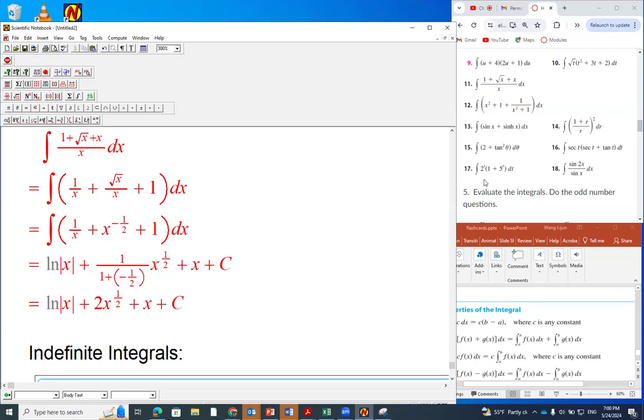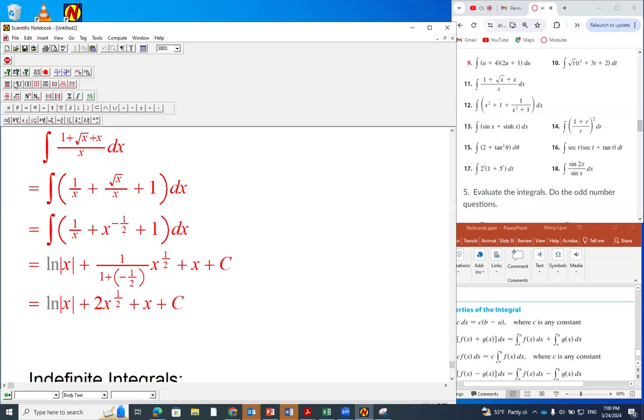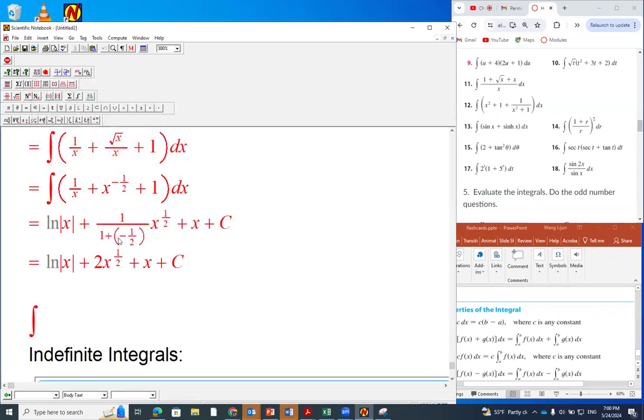Okay, let's look at another example, say number 15. Okay, number 15 for indefinite integral. Okay, we have the integral of 2 plus tangent squared theta d theta.